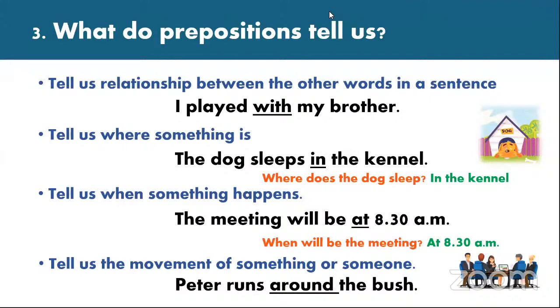According to the given example, the meeting will be at 8:30 a.m. If I ask you a question, when will the meeting be? Your answer is at 8:30 a.m. So it is clear that prepositions tell us when something happens.